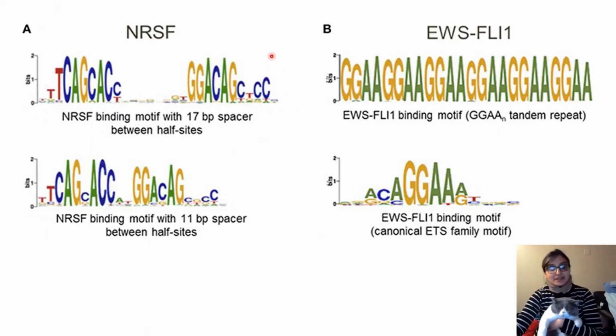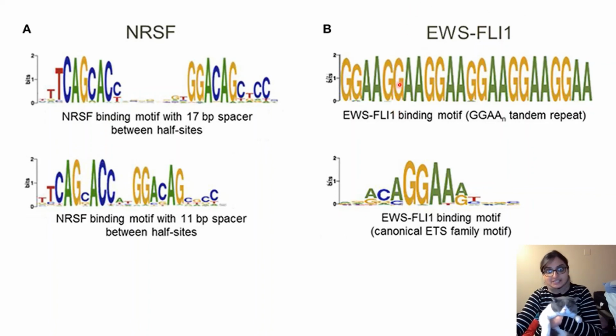Other examples are transcription factor binding sites for various transcription factors like NRSF. They look at the NRSF binding motif with a 17 base pair spacer between half sites. So there would be 17 base pairs in between. And then here instead it's an 11 base pair spacer between half sites. This is the binding motif for EWS-FLI1, this transcription factor complex.